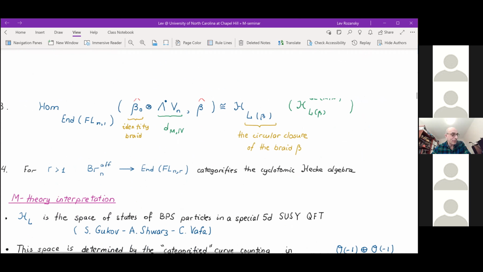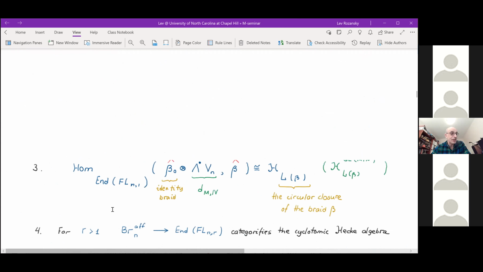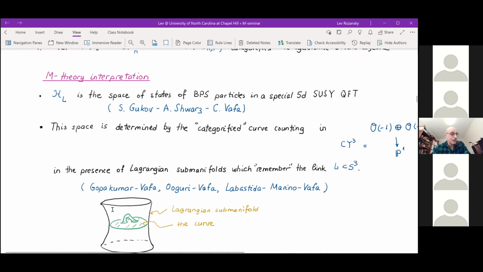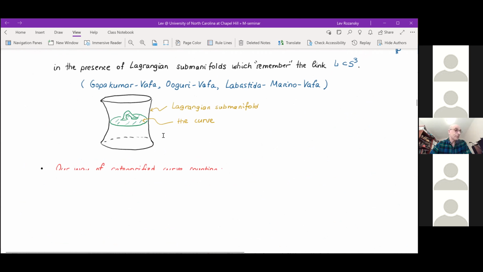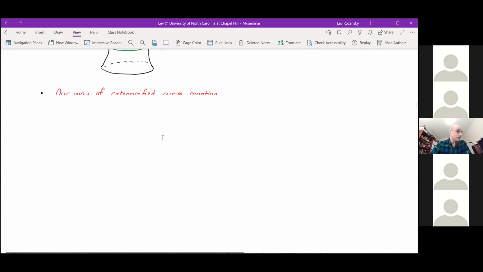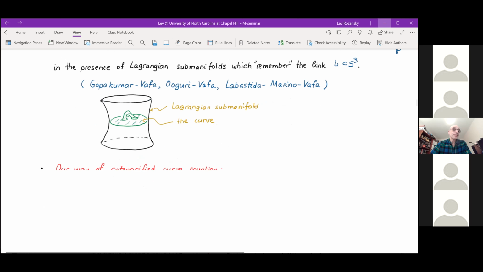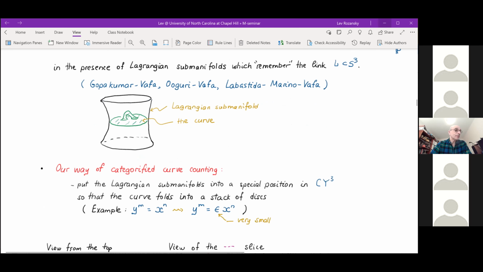I listed the theorems that we proved with Alexei. These are rigorous statements, but the motivation comes from the suggestion that it comes from curve counting. And you will explain how to categorify this naive count of curves with a boundary on a non-compact Lagrangian?